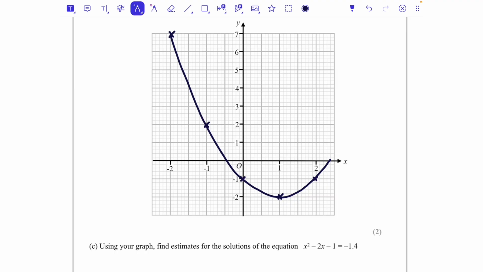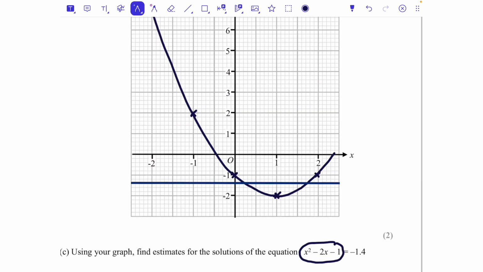Okay, then it says, using your graph, find estimates for the solutions of the equation x squared minus 2x minus 1. Well, that's what we've just drawn, equals minus 1.4. So when does your quadratic graph equal minus 1.4? Well, minus 1.4 is here, 2 little squares below minus 1, because each of the squares is 0.2.